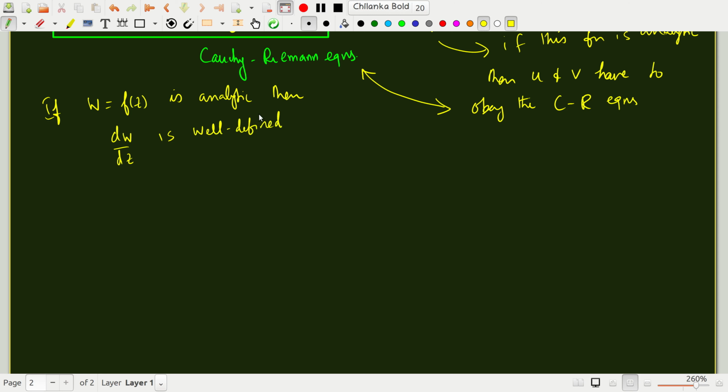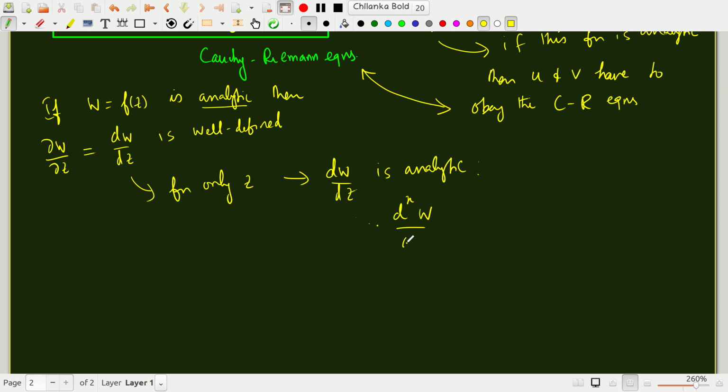Now one simple way of thinking about it is if w is a function only of z, then partial w partial z is nothing but dw dz, because f is not a function of z star if it is analytic. Then this is also a function only of z, so this is also analytic, that is dw dz is analytic. And similarly higher derivatives of w are also analytic. This is a very powerful result, because this is not the case in functions of single variables. It is only there in the theory of complex functions.